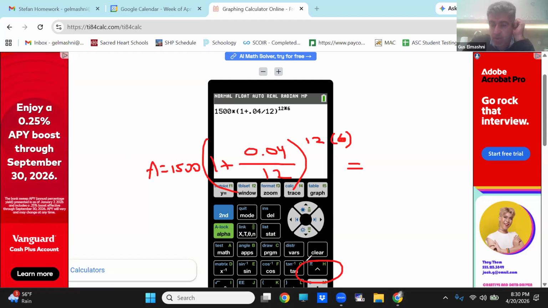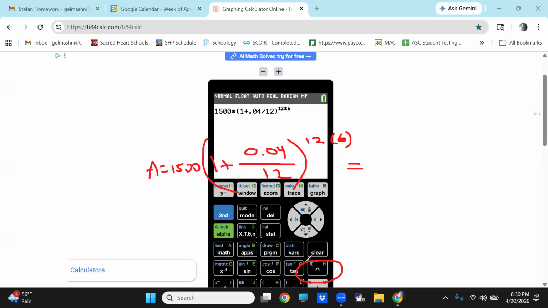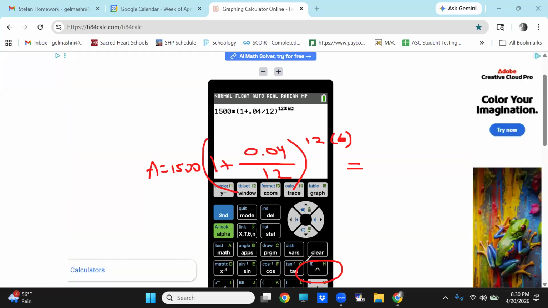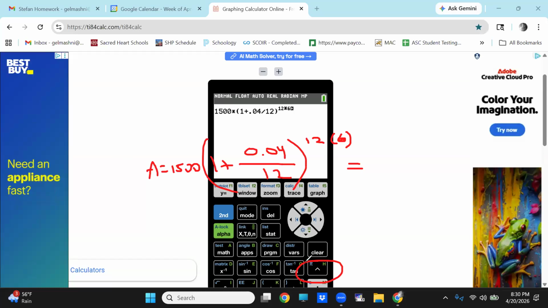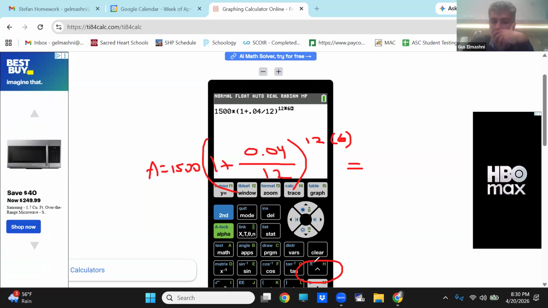So you want to raise that to the 12 times 6 power. Let me know when you have it all worked out.